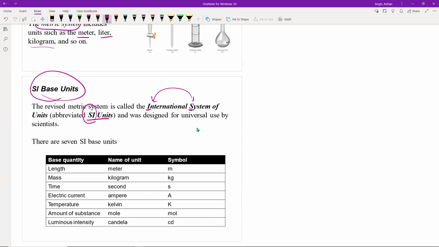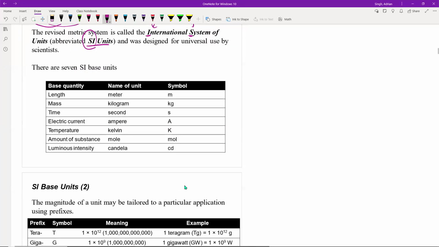It's used universally by scientists, and as a result, it's very easy to share information and collaborate on things. So there are 7 base SI units that we're going to encounter. Some of these we're going to see way more frequently than others, so we're going to highlight those, and the other ones we're really not going to touch a whole lot on.